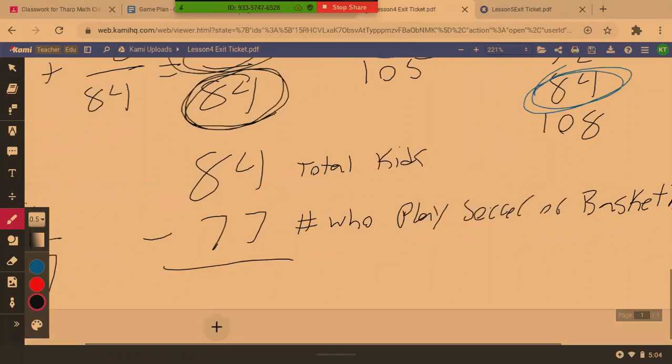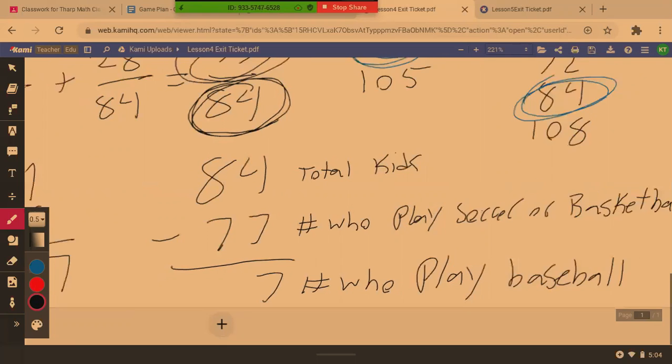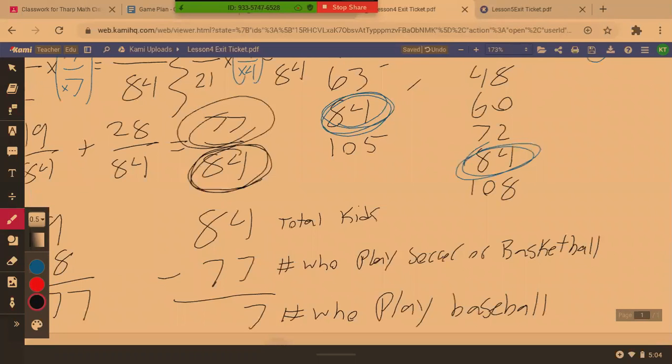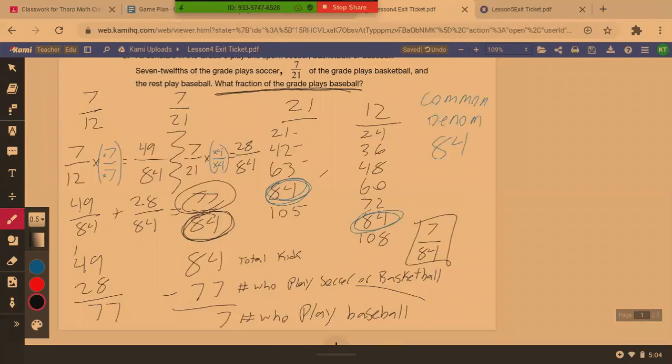So this number is the number who play baseball. So the fraction of that is going to be 7 over 84. That is the fraction equivalent, because we're going to put the kids who play baseball over the total number.